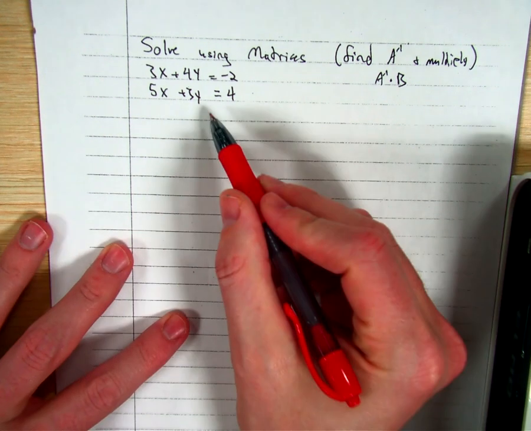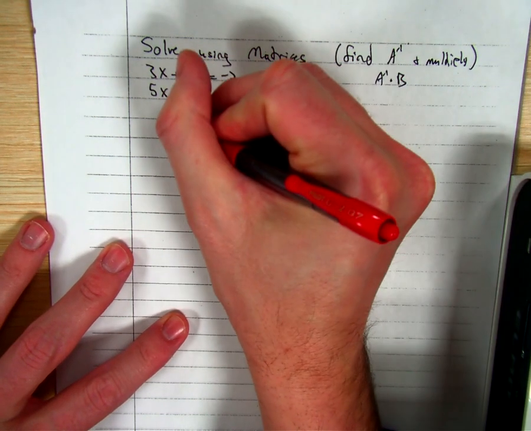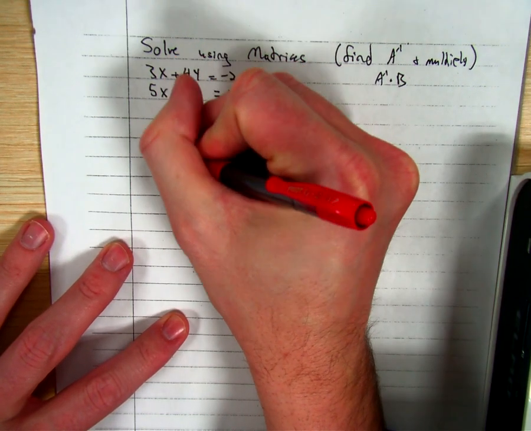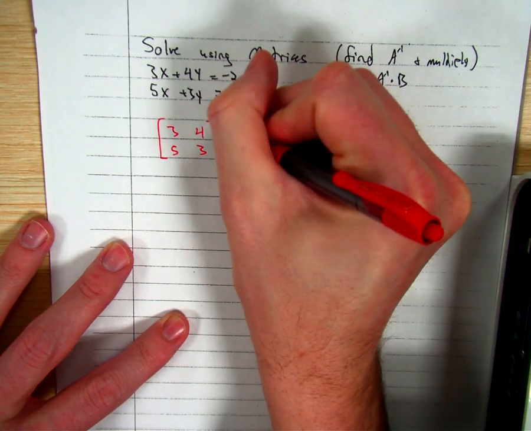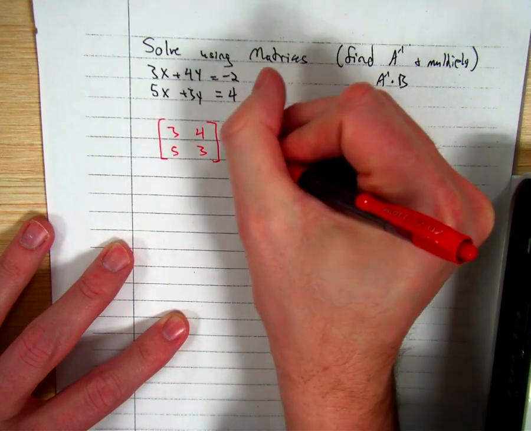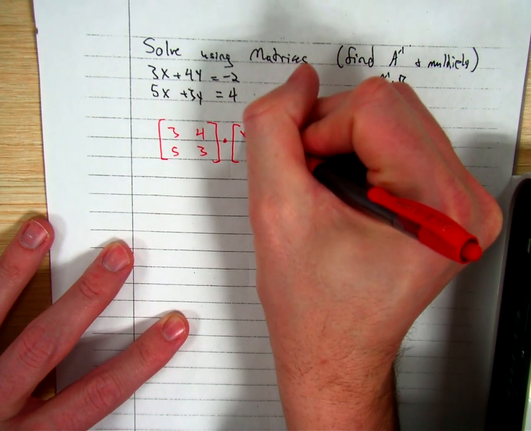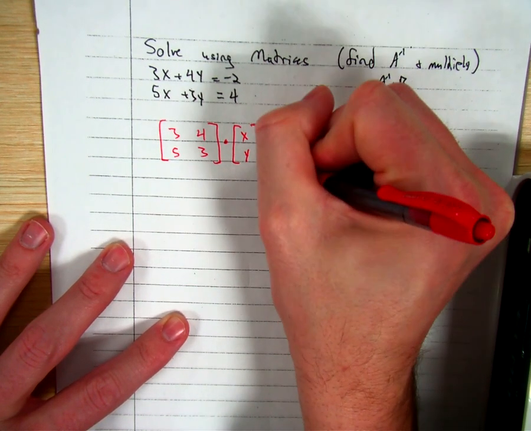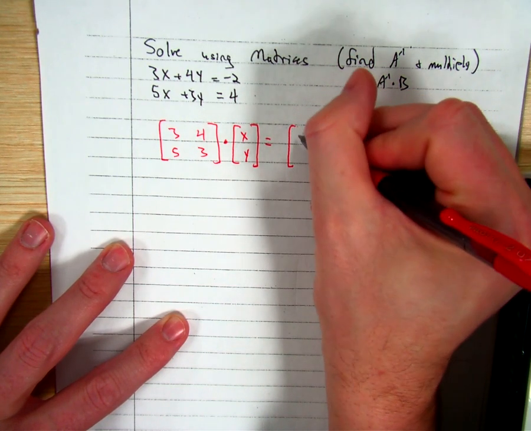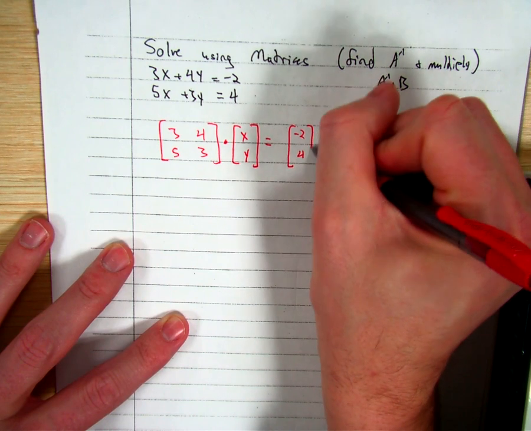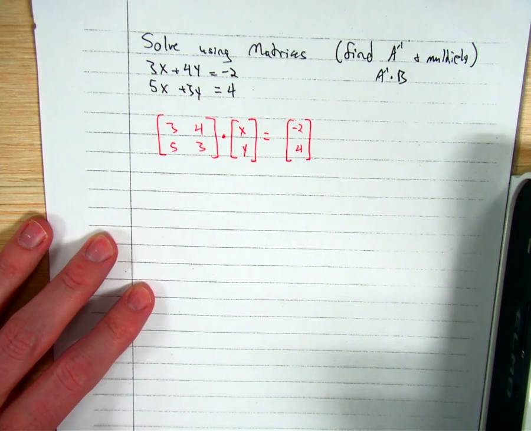So we're going to turn this into a matrix, and it's going to be 3, 4, 5, 3. Just the coefficients there, times x, y, equals negative 2, 4. Okay?